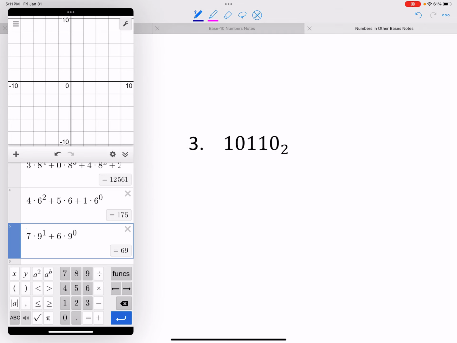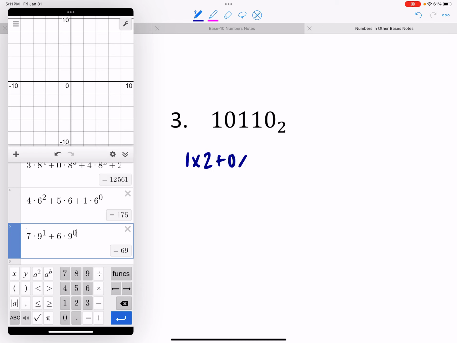Right? And then lastly, we've got a binary one here in base 2, 10110 base 2. So these are all powers of 2, kind of a longer expansion here. We got 1 as a power of 2 plus 0 as a power of 2. And I know these could technically zero out and be skipped, but I like to put them all there just so I have all my powers in order.